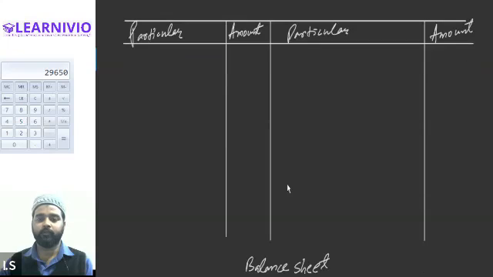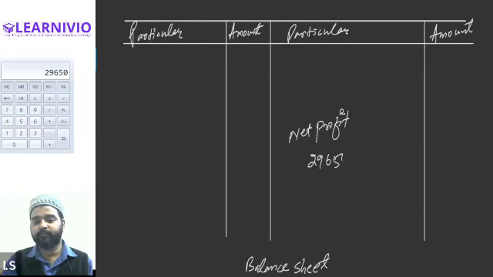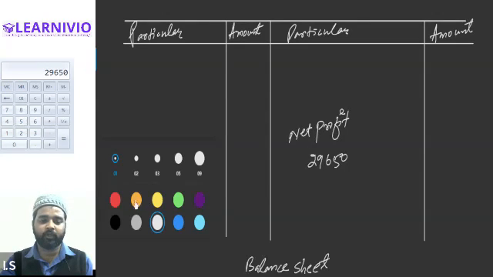All right, everyone. But just keep this in mind. We have got a net profit of 29,650, right? Halima, Alexander, Hamad, you are getting this value, 29,650. Now make sure that you do not write this value in the profit and loss account.